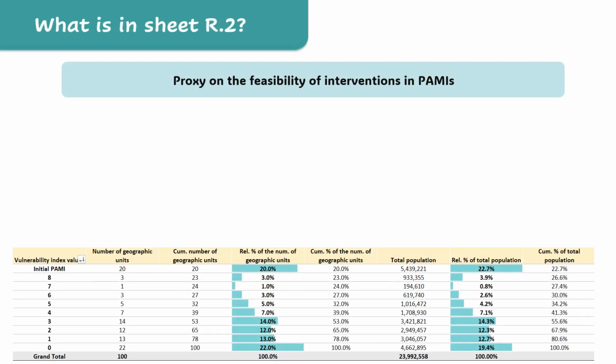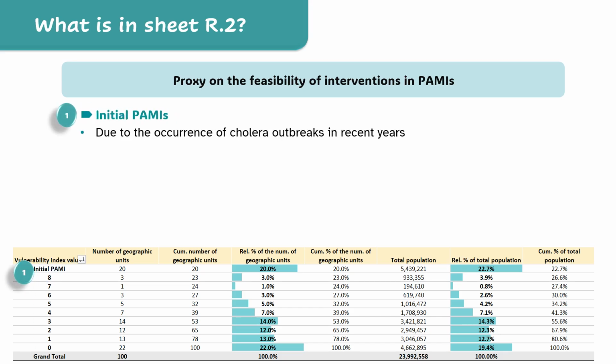Sheet R2, Vulnerability Index Summary, provides essential figures for discussion at the stakeholder validation, in particular proxy, on the feasibility of interventions in PAMI. The table in Sheet R2 provides summary figures on initial PAMI. These are the geographic units that are PAMI by default due to the occurrence of cholera outbreaks in recent years.